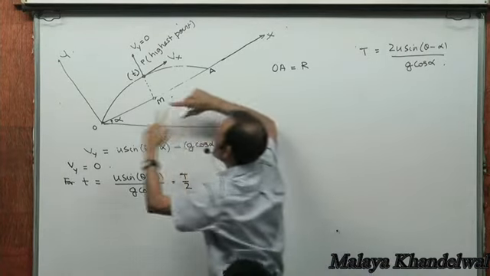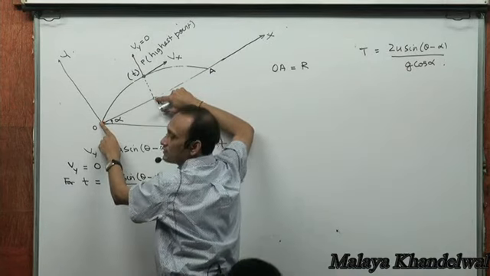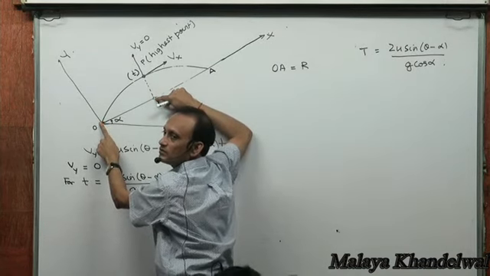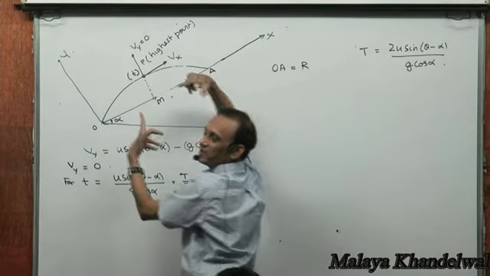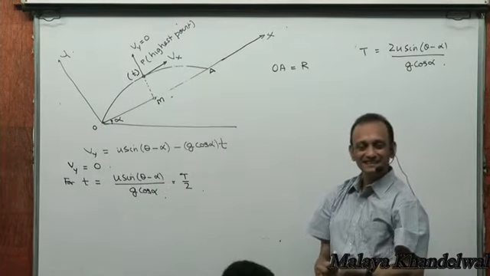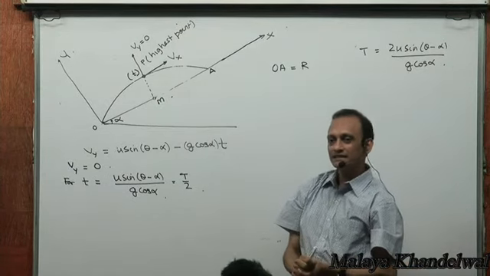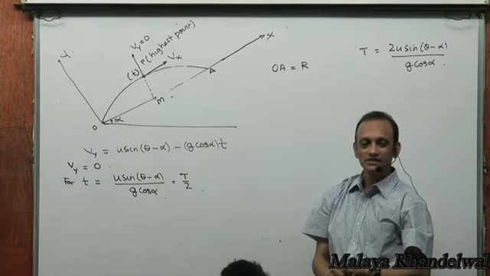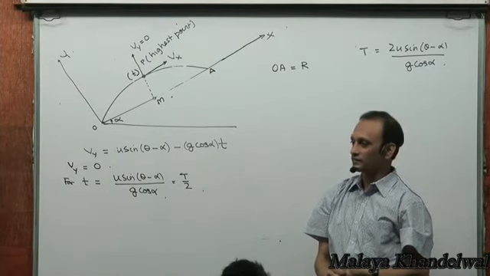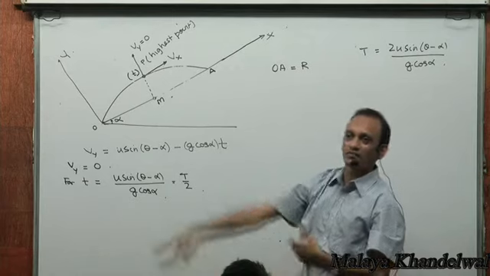Will this be R by 2, greater than R by 2, less than R by 2, or who cares? Can I have a referendum here? R by 2, how many of you?